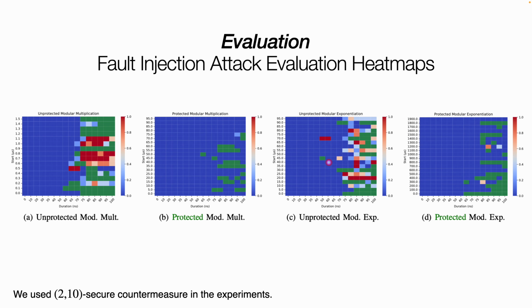Regarding the fault injection evaluation, our experiments yielded three types of outputs in the heat maps: faulty, correct, and board reset. Green indicates instances where all test outputs result in the board being reset.